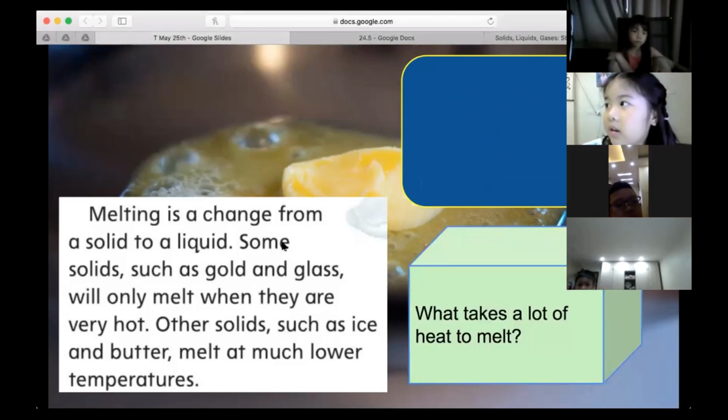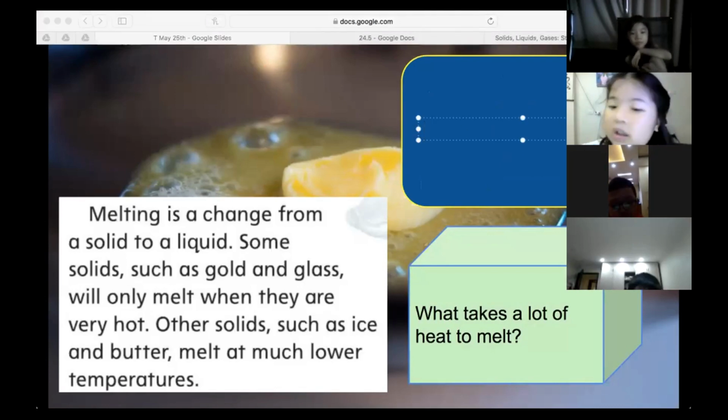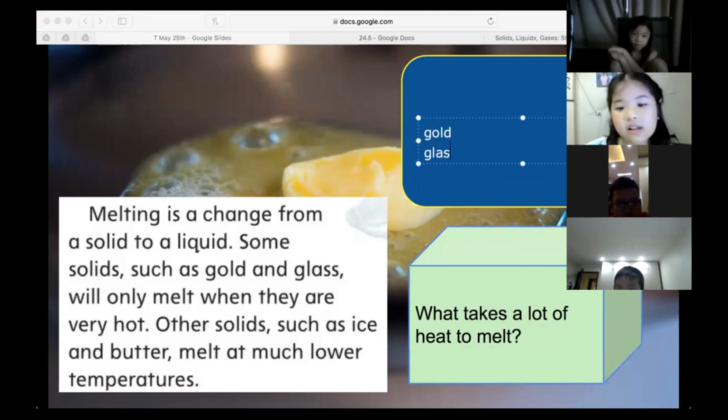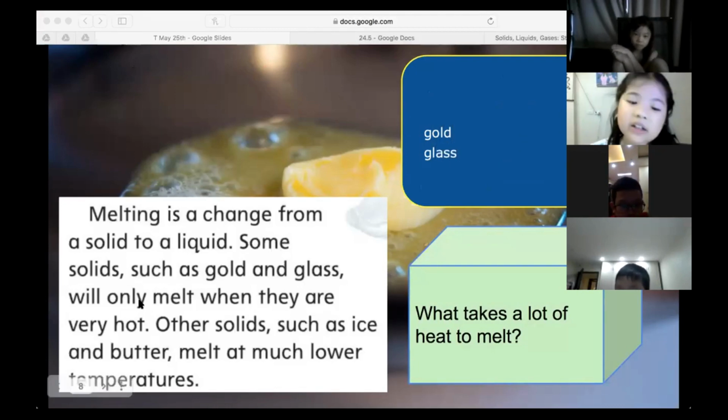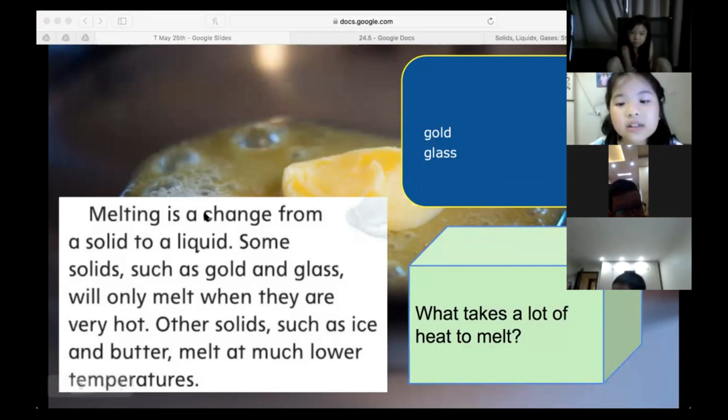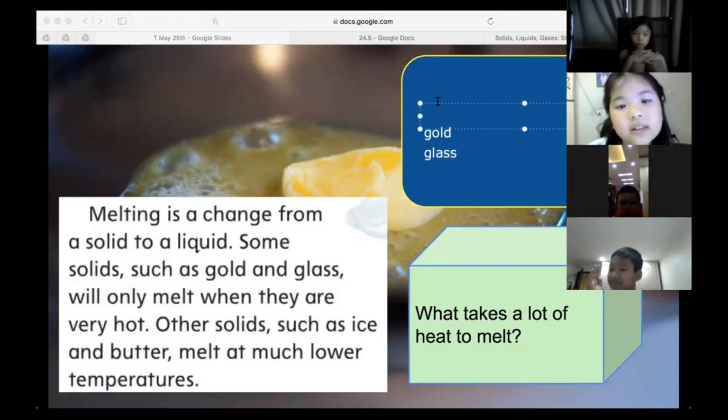What takes a lot of heat to melt? I will start us off again with the ones they said. Gold, glass. I'll lower your hands, and now everyone go ahead and raise your hand to tell me what takes a lot of heat to melt. Jack, you want another try? Go ahead, Jack. Glass.